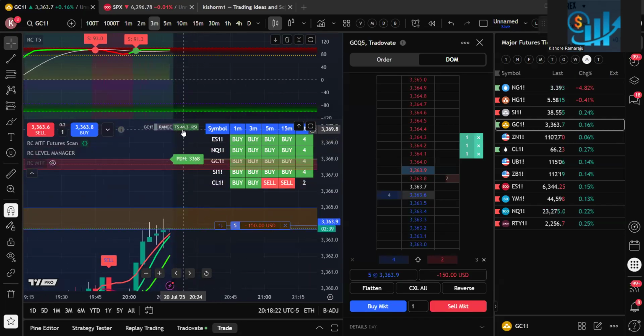If you see here, the strength is also 44. Momentum is very bullish. That means there is a high possibility for it to go all the way to 3368.